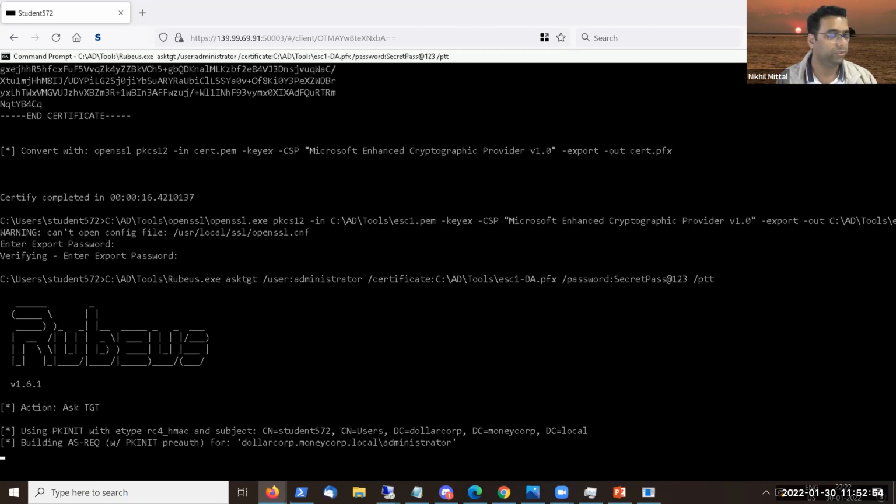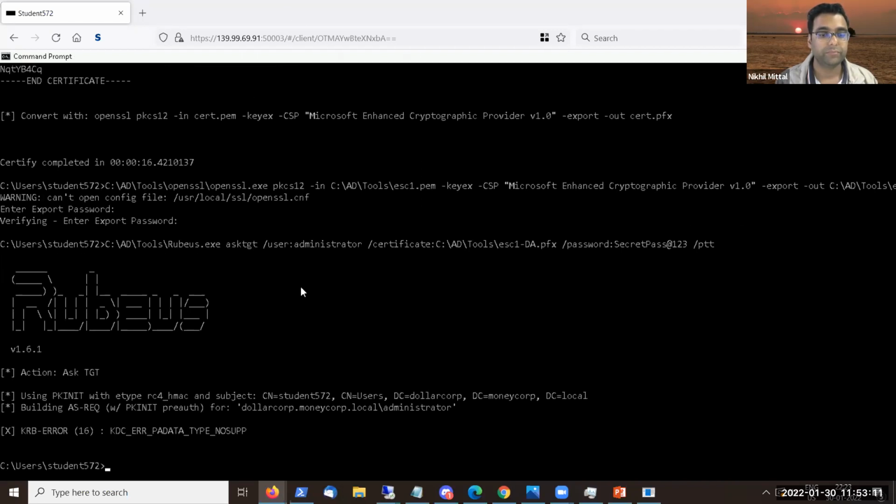The question is, should we use a loader for Rubeus? As long as you are using it on your foothold, I believe there is no need to do that. Okay. And we'll get a TGT, which we didn't get right now.